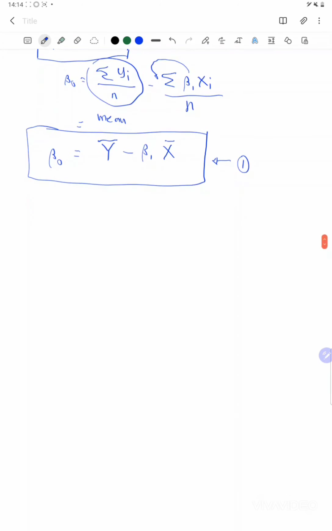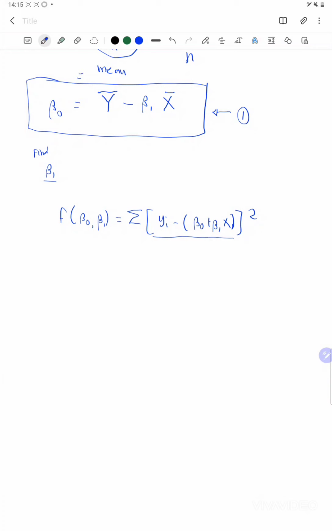Now let's move on to finding theta 1. We will do the same as in finding theta 0. In here, instead of the partial derivative with respect to theta 0, we'll take the partial derivative with respect to theta 1.